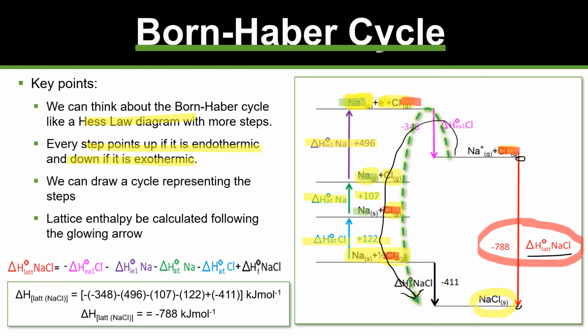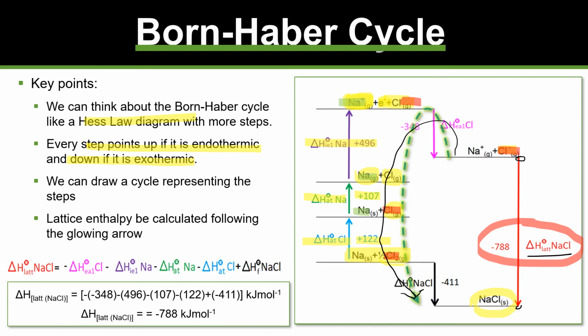Again, the same as in Hess law, if the arrow is in the same direction as the process, we are going to leave those signs as they are, or if they are in the opposite direction, we are going to change the sign.